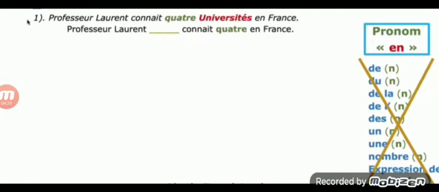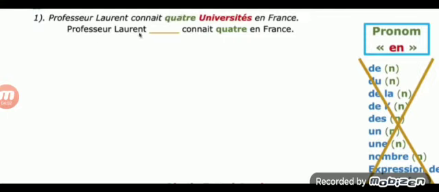Professeur Laurent connaît 4 universités en France. Professor Laurent knows 4 universities in France. Instead of repeating this noun, you have to use the pronoun.